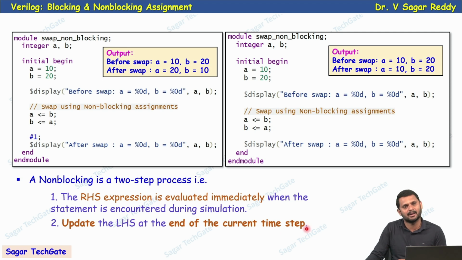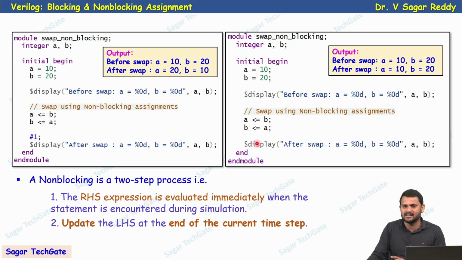The LHS is updated at the end of the current time step, and before that the display statement will execute. So the assignment happened, but the update is only at the end of the current time step, and the display will execute before that. So before that, what is the value of A? 10, B equal 20. But if you read at the end of the current time step, A should be 20, B should be 10 only. This is correct only.